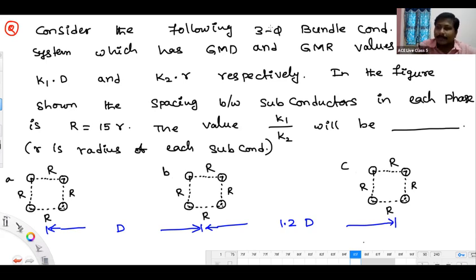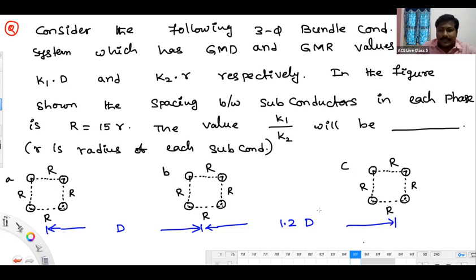GMR value will come as some constant into the radius of the subconductor, and you have to find that constant value. And we have to find the ratio between the constants. Very, very simple question. All of you getting this one? Can I move ahead?